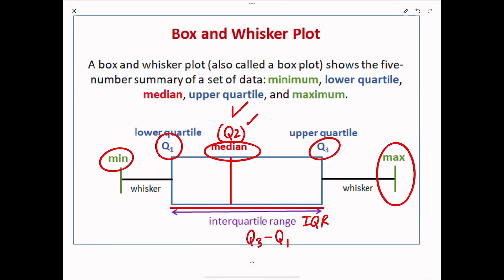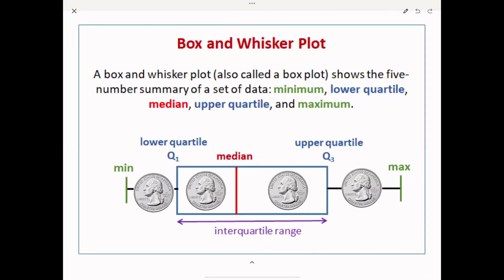You already know how to create this. You just have to do one more thing that you haven't done before. There's one more thing I need to make sure everyone understands. I put quarters in here. This is the first quarter of data. 25% of the data is in quartile 1, 25% of the data is in quartile 2 or up to the median, 25% of the data is up to quartile 3, and 25% of the data is here.